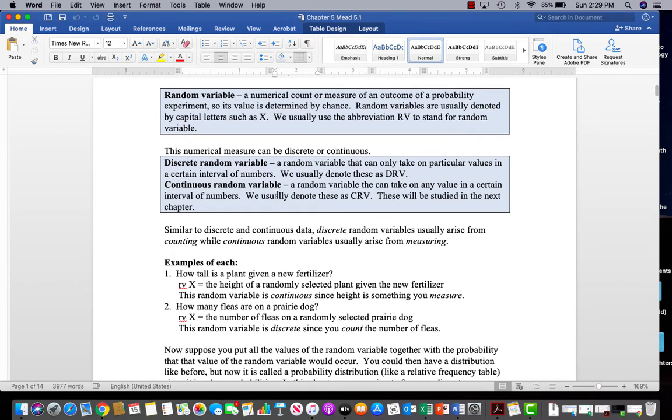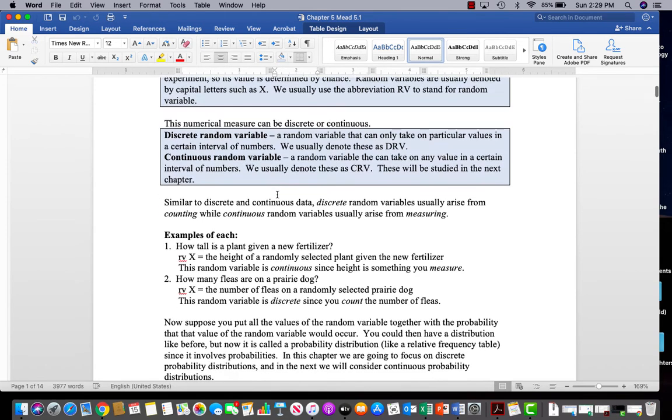Okay, so as we saw back in Chapter 1, just like with data, we can have discrete random variables, and discrete random variables arise from things that we would count, such as counting the number of children in your home or the number of cell phones you've owned over the years.